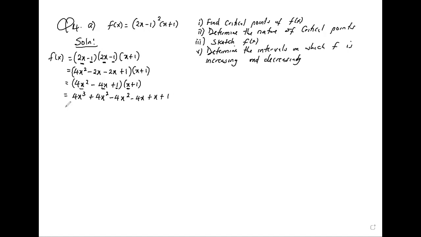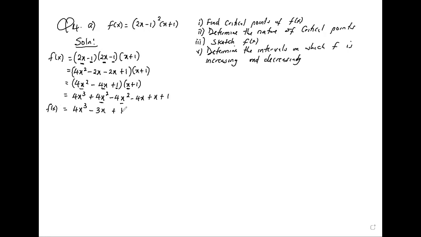So this function f of x can be written as 4x to the power 3, the x squared terms cancel to 0, so we have minus 3x and then plus 1. That is the function that we have.